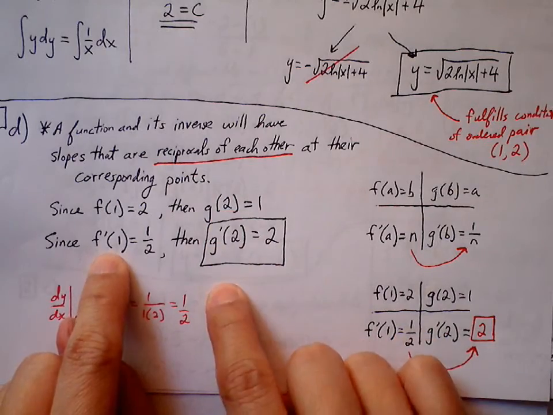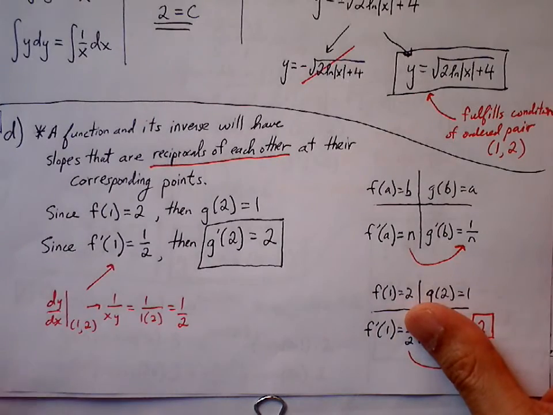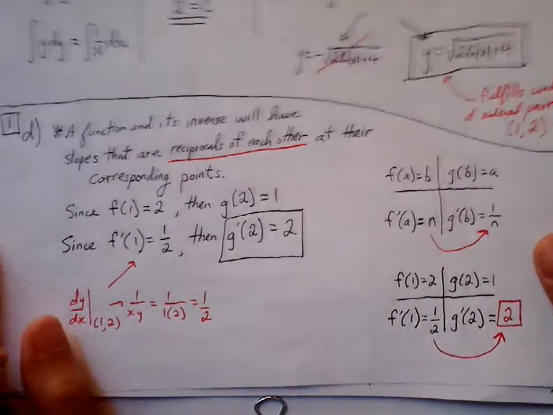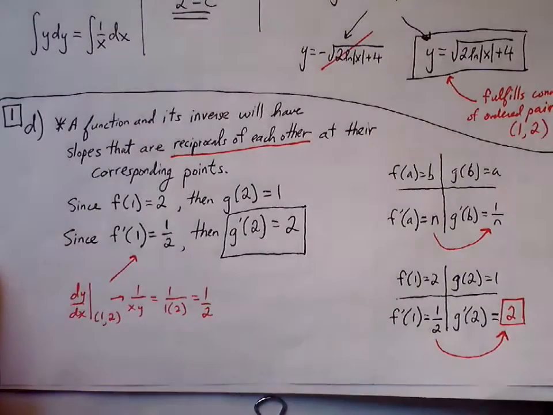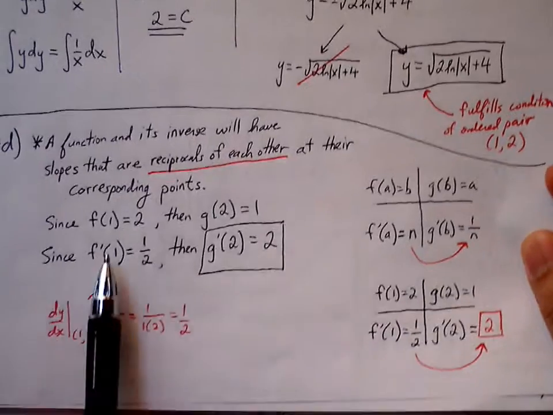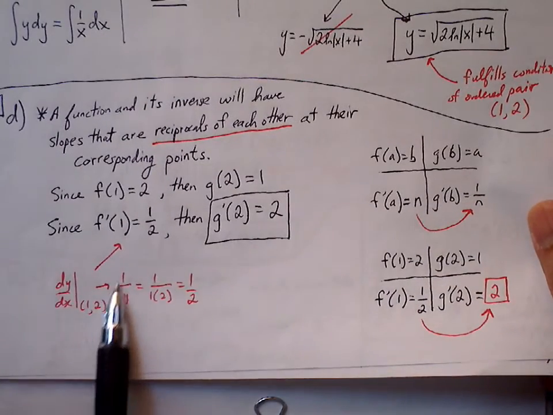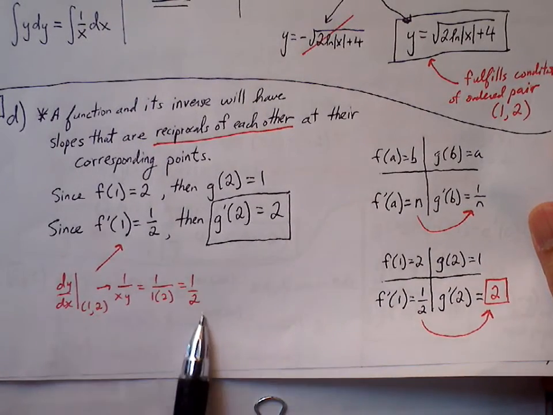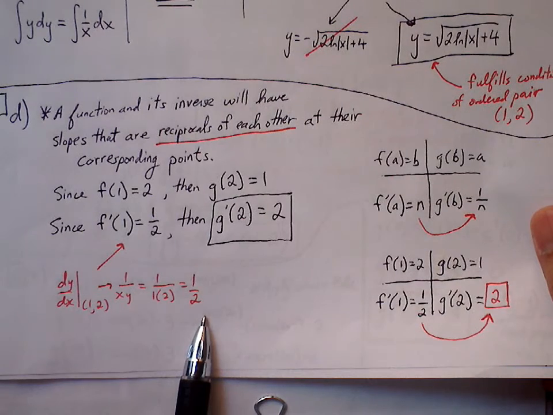So we know that the derivative, the slope of the f graph at 1, is going to be 1/2. All right, and that's based off of the derivative equation that we've been working through. Right, dy over dx equals 1/2.